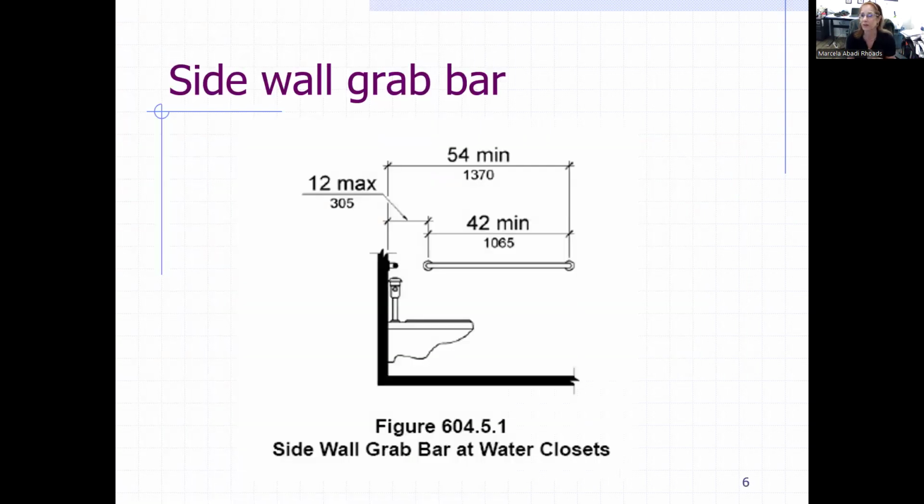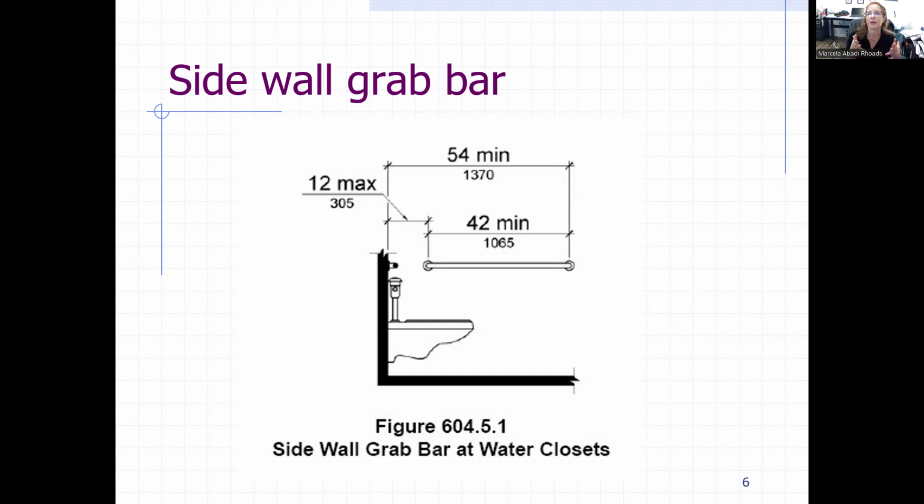Same thing with sidewall grab bars. Sidewall grab bars have a 54-inch minimum, and I want to focus a little bit on the two bottom dimensions. 12 inches is a maximum. If you are using a 42-inch grab bar, then it really does need to be exactly 12 inches. It's a maximum only if you have a longer grab bar, because the minimum is 54.